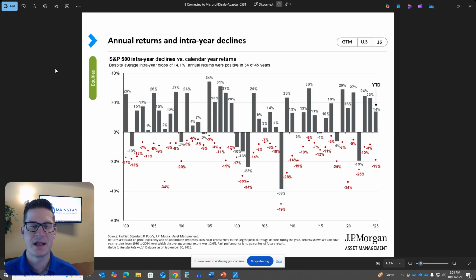That's just a very prime example of how during the year we can get very volatile, very rocky moments in the market, but it does not necessarily tell us that we're going to have negative returns by the end of the year.